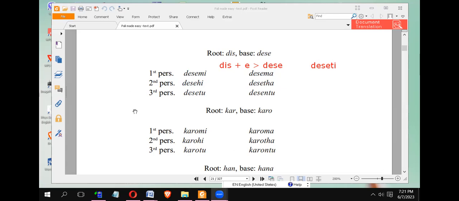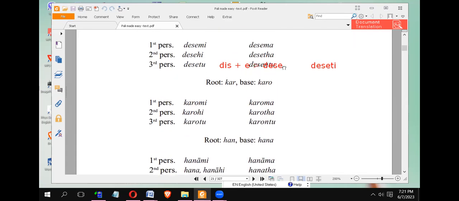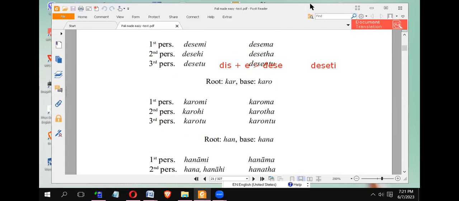Okay. So next one. Anybody want to recite the next one? This one, the karo. Somebody want to try? Karo tu. Any volunteer? Tu, hi, ta, mi, ma. First person plural, second person. How about Doris?